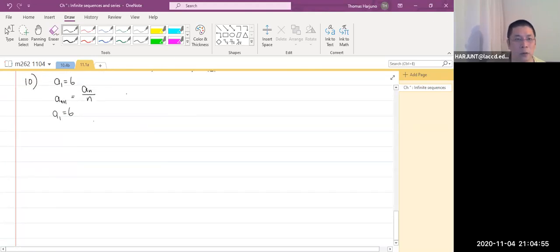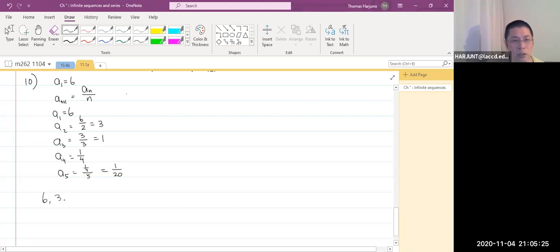The second term is the previous term over n, which is 2, that's 3. The third term is the previous term over 3, that's 1. The fourth term is the previous term over 4. The fifth term is the previous term over 5. So the sequence will be 6, 3, 1, 1/4, 1/20.